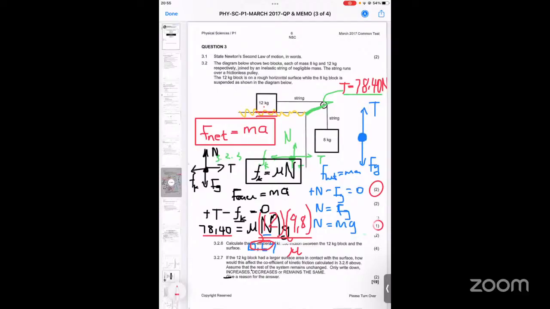It's like having 8 equals 2x. You divide both sides by 2 so that it cancels, and then 4 is equal to x. So we divide both sides by 12 and 9.8 so that it cancels, and then we just have our mu, which is equal to 0.67.